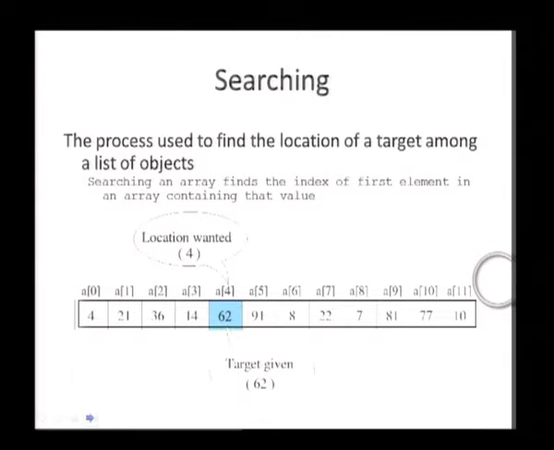In this picture we can see that the target key that is being given is the key 62, and it occurs in the location 4, and we want to design an algorithm which efficiently gives us the value 4. The approach to achieve this particular task is given to us in the coming slide.